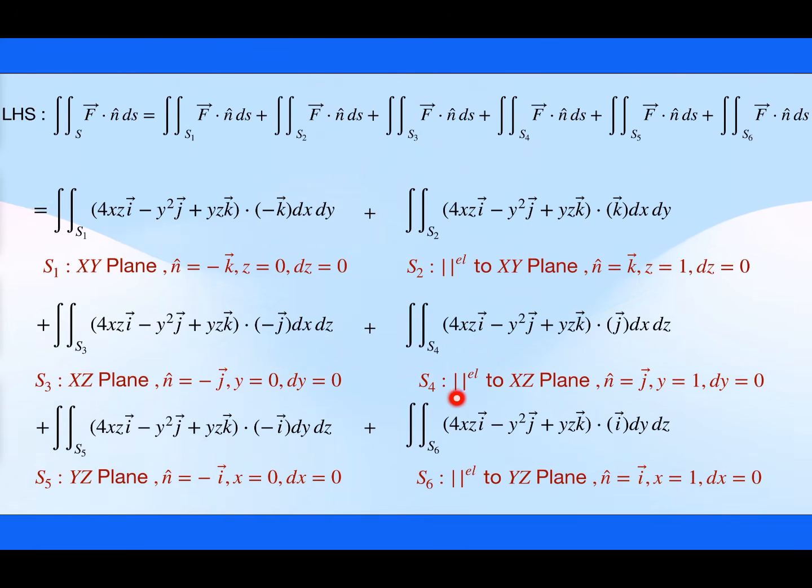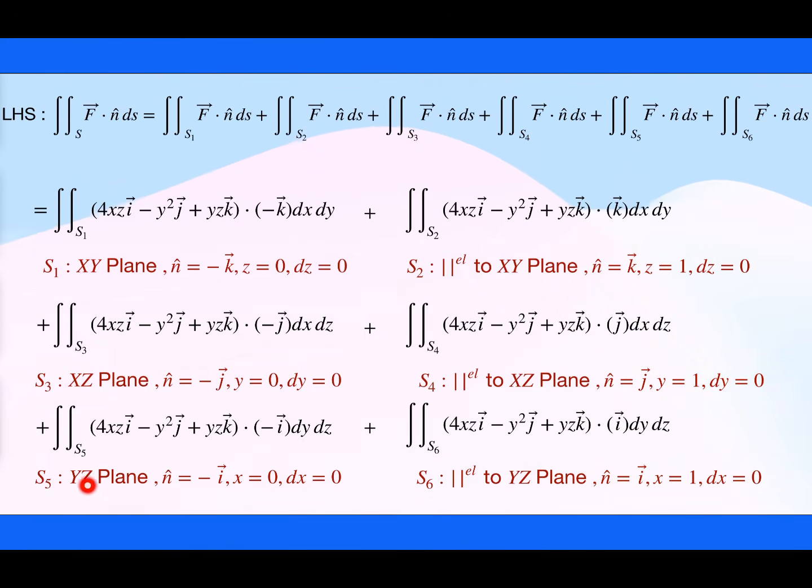Similarly, when you go with parallel to the xz plane, that is S4, you have n cap is plus j vector because it is the unit outward normal which is on the outer side, and of course your y variation is 0, here it is the height of the cube, so y equal to 1, therefore dy equal to 0. You take the dot product with n cap, which is going to be j vector, substituted here, so we'll be taking F dot n cap in this way.